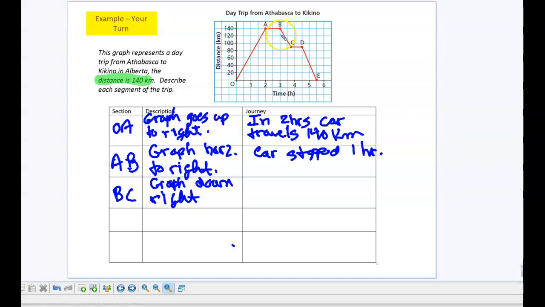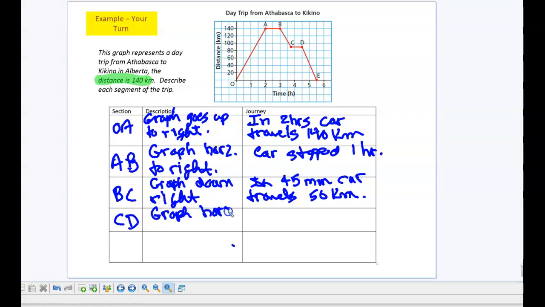And we could say that in approximately 45 minutes, the car traveled about 50 kilometers back to Athabasca.